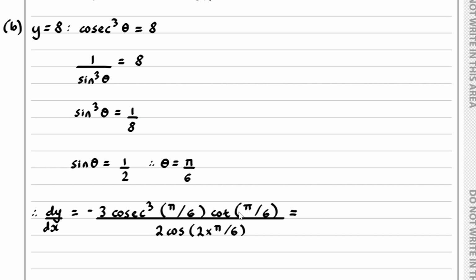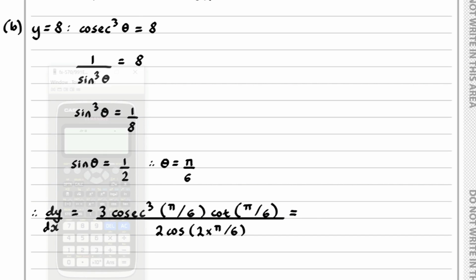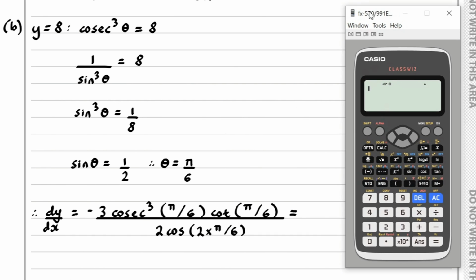So if we work all of this out using our calculator, first of all make sure we are in radians. Key in pi over 6.